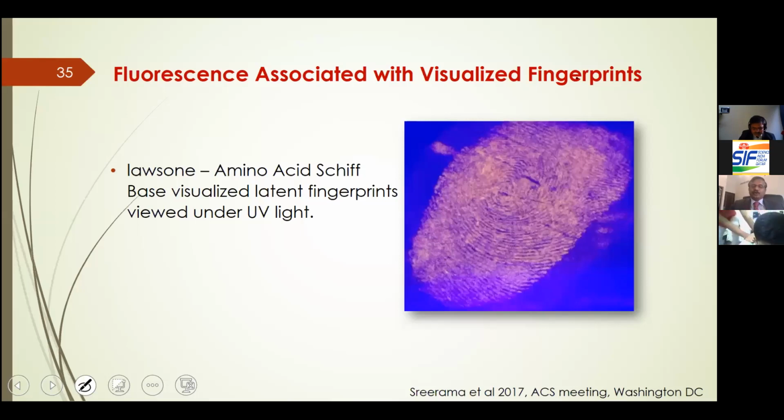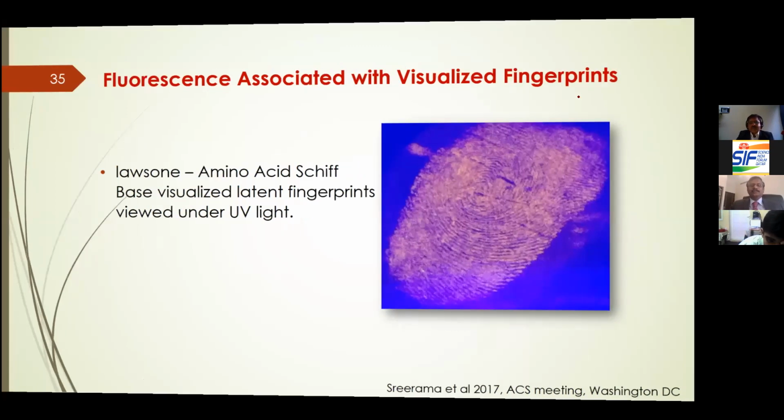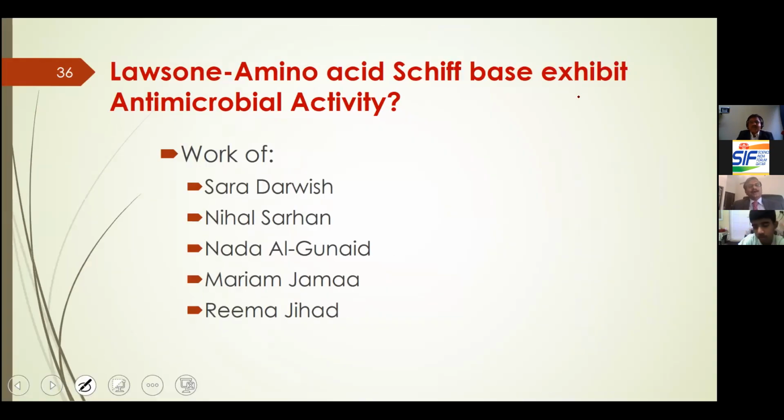Now, we also noticed that if you expose these compounds to UV light, the blue light, they start fluorescing. That is yet another characteristic that can be exploited to identify people who may have committed crimes, or people that left behind fingerprints for no good reason. Okay, so that is how we discovered this.